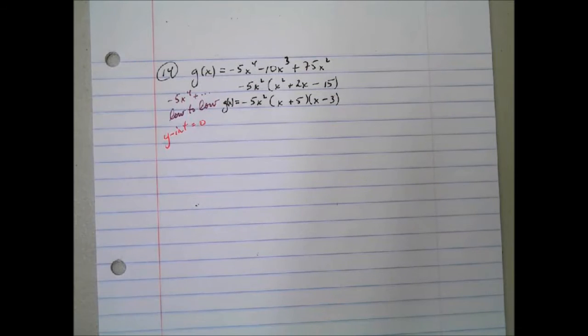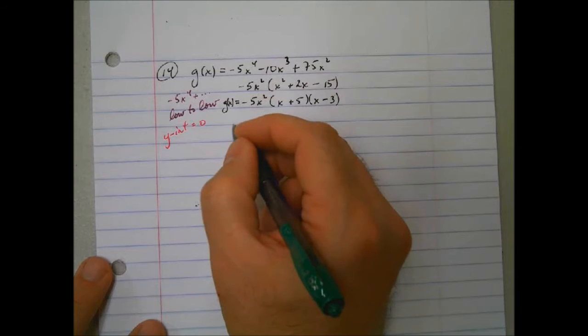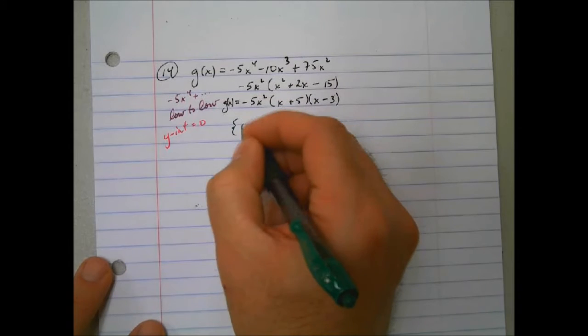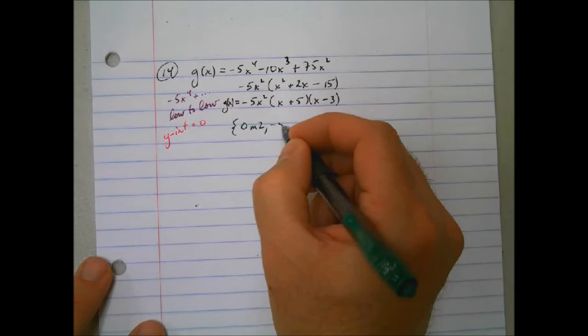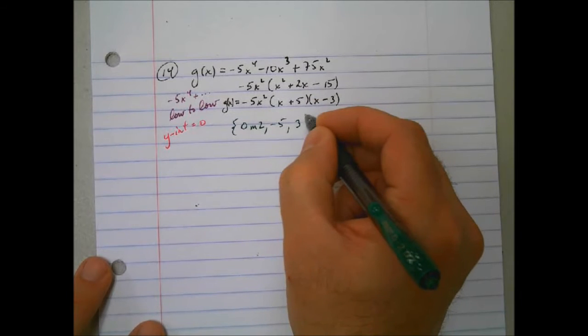And so we have roots of 0, multiplicity 2, negative 5, and 3.